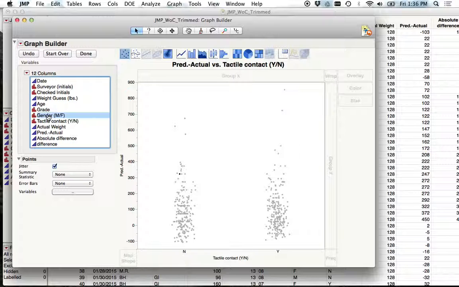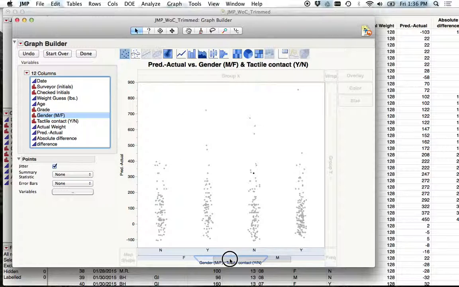So I'm going to take gender here. Everybody see gender? Let's throw that underneath here. Okay, everybody did that? So now we have two effects here. You can see here are the females' guesses. Did they touch it or not? So no, yes.